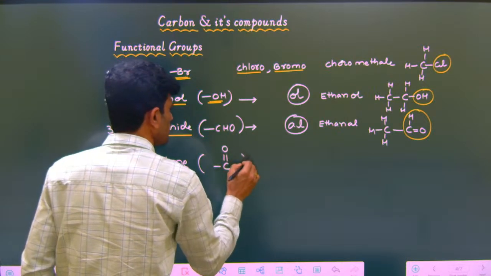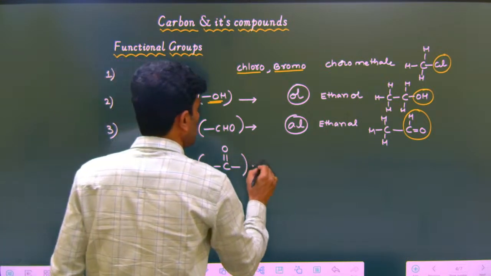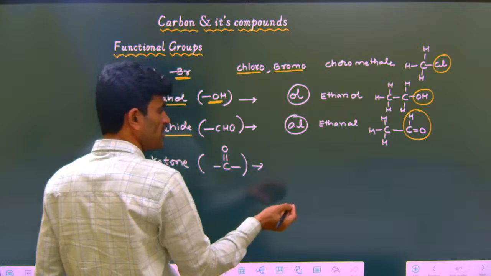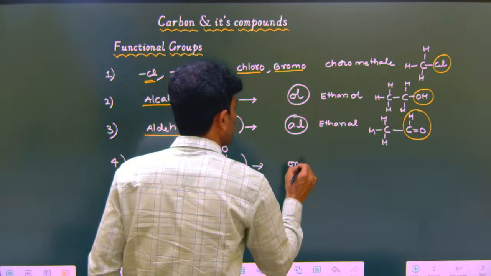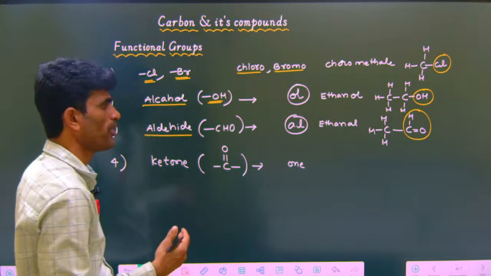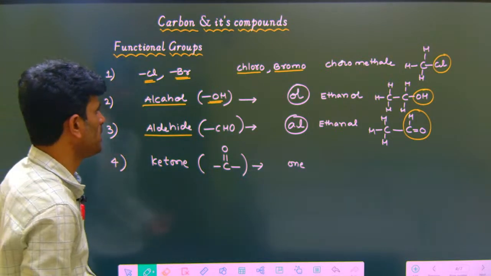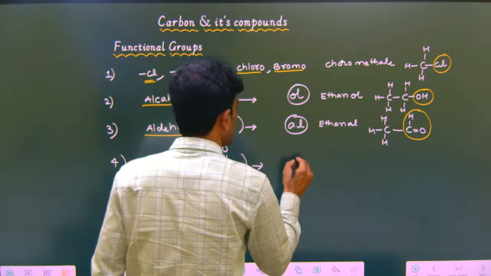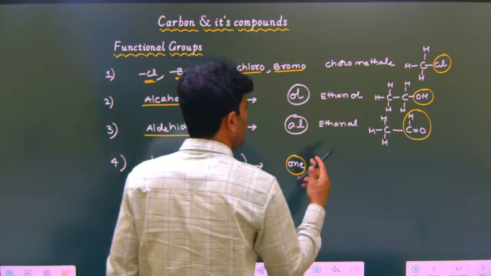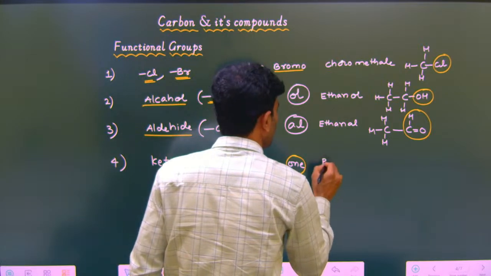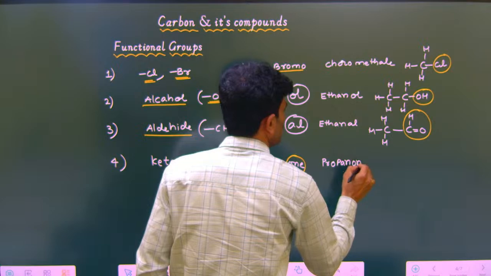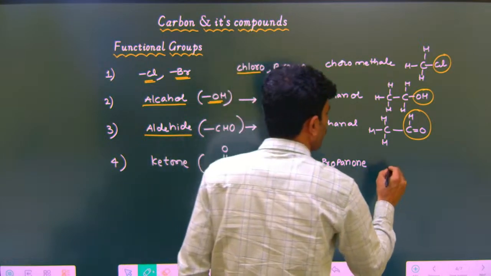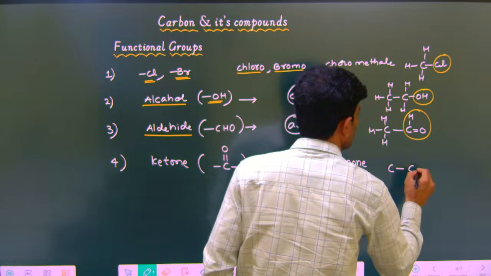So like this it will be there. This is what a structure of ketone. And if you want one example, and how the sound will come, own sound will come at last. Butanone, propanone, pentanone, like that own sound will come. So now let us see how propanone will be drawn. For propanone, how many carbons? 3 carbons should be there.